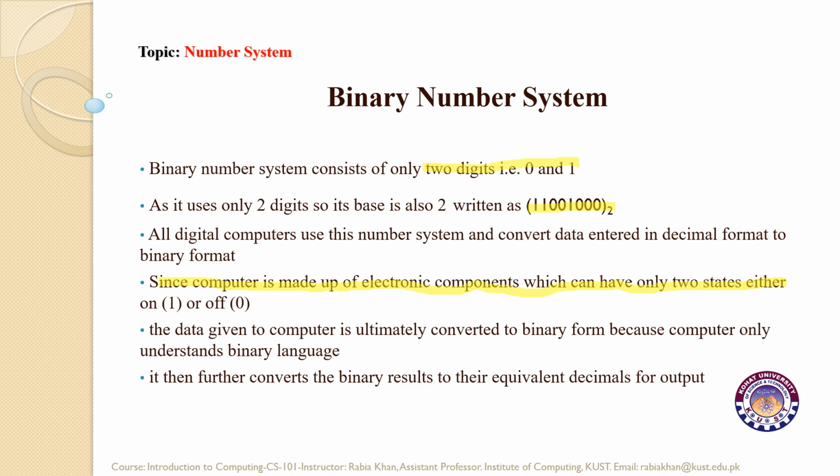So this is basically the computer's own native language. Once the results have been generated by the computer, in order for the user to understand the results, those binary results are then reconverted back to their equivalent decimal format.